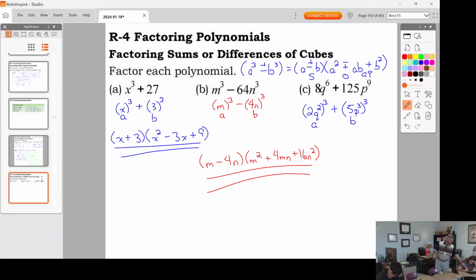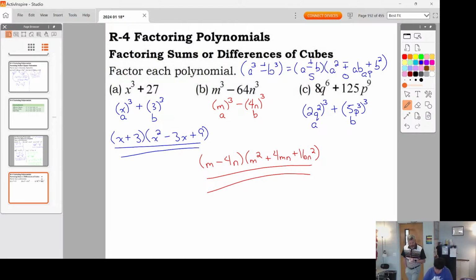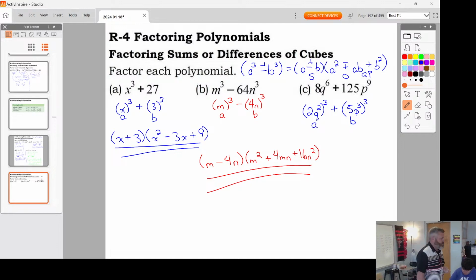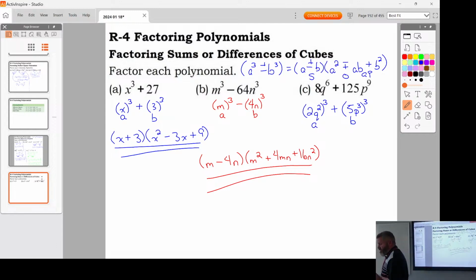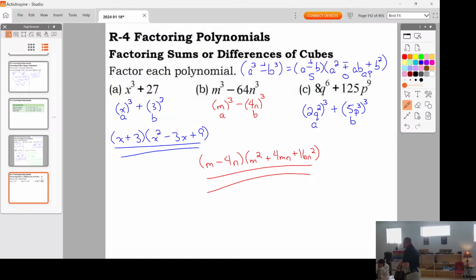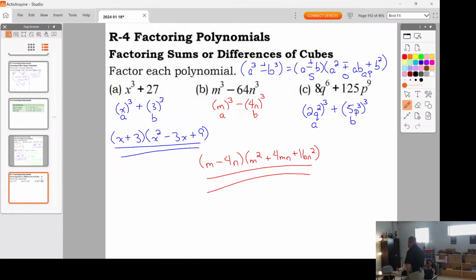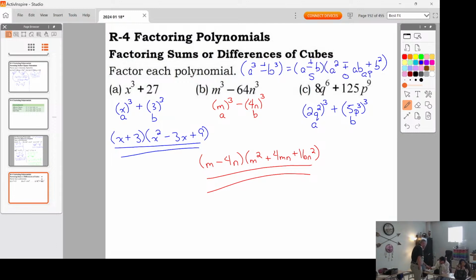I missed something on this term right here. Remember this right here is going to be a squared.